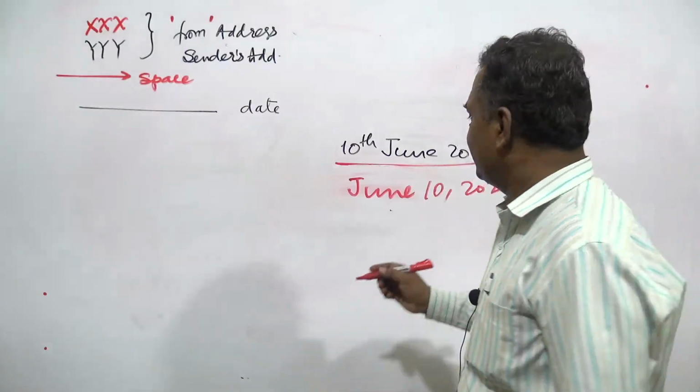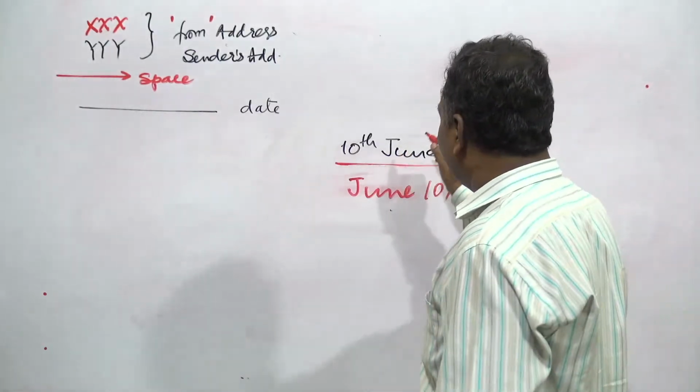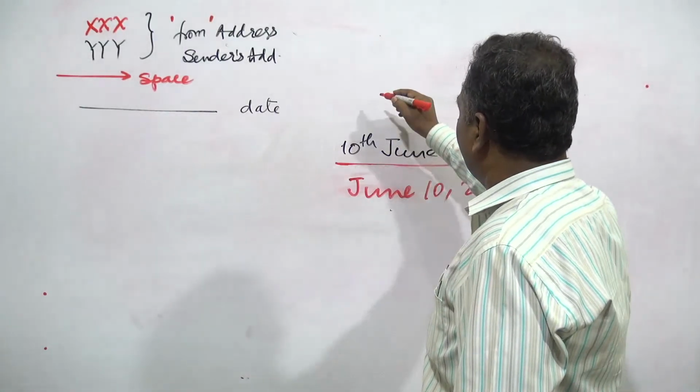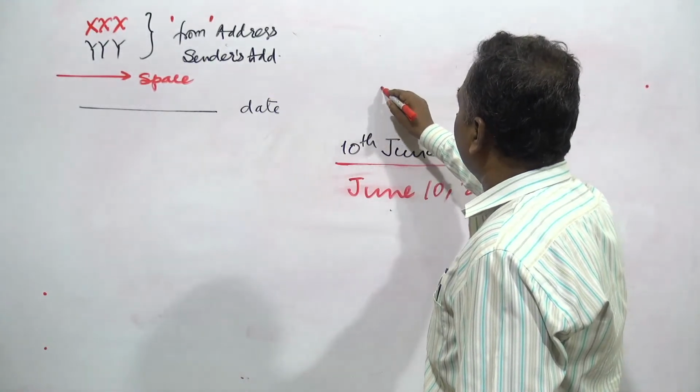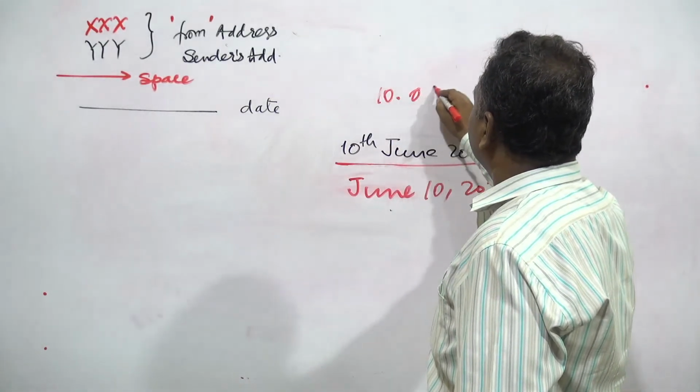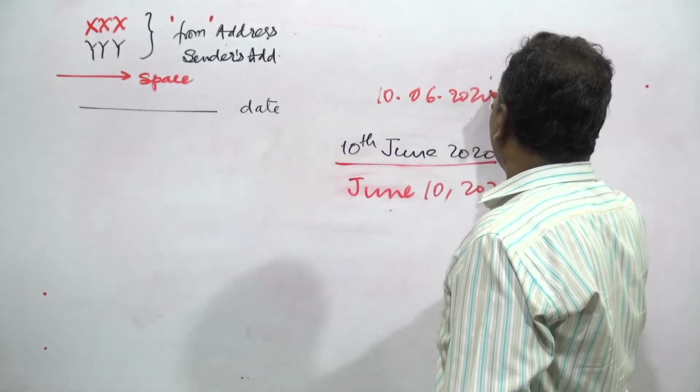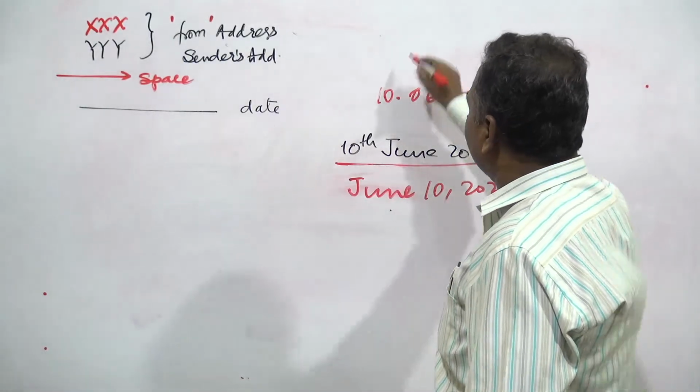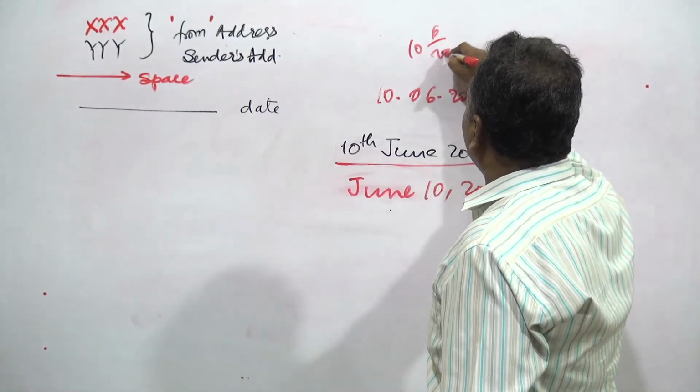It's quite possible. There are various ways. You can write like this also: 10, 6, 20. Or some people write 10, 6, 20.